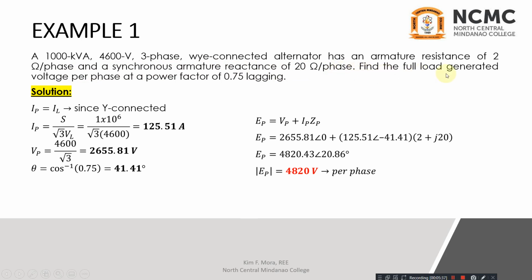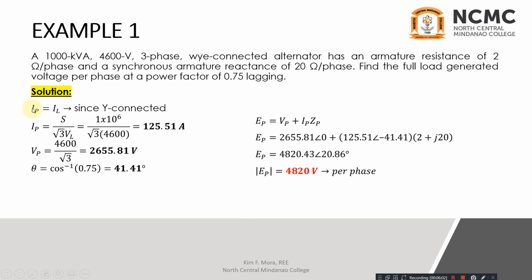So find the full load generated voltage per phase at a power factor of 0.75 lagging, no? So since ang ato ang problem, it's stated here that it is connected in Y, no? Y connected siya or star connected, no?